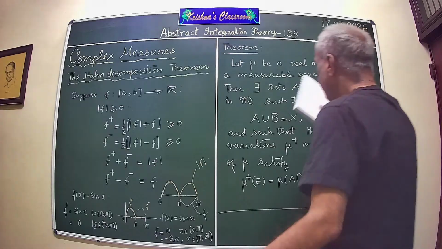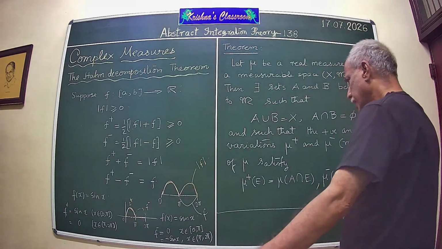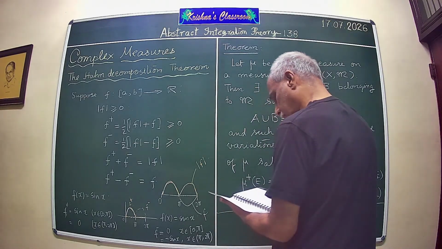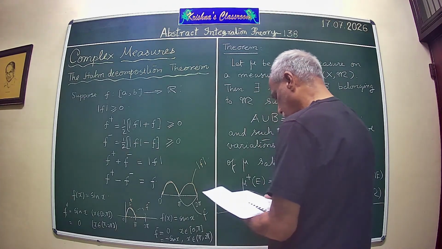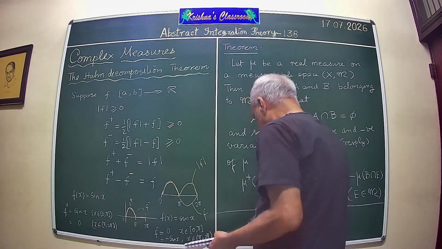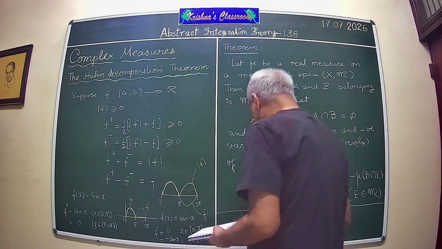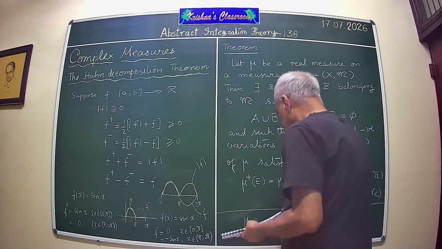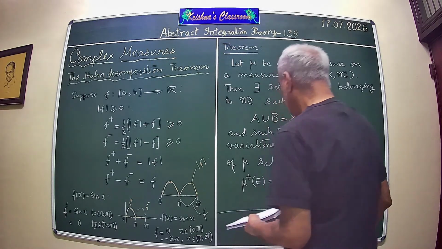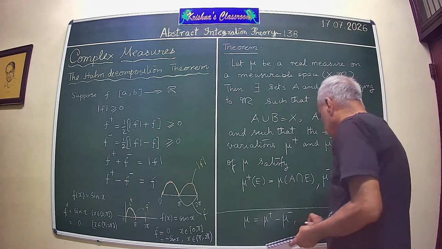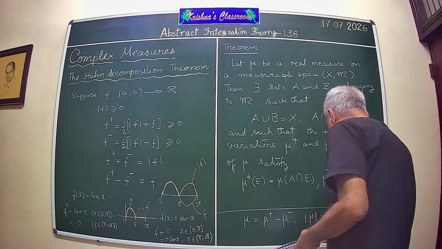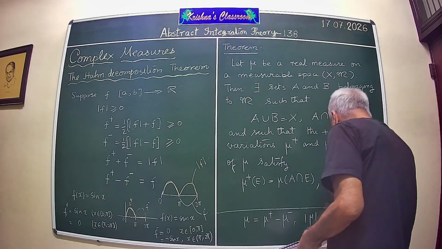Now we have already stated earlier that this is the result, that is, mu equal to mu plus minus mu minus, and the total variation of mu equal to mu plus plus mu minus.